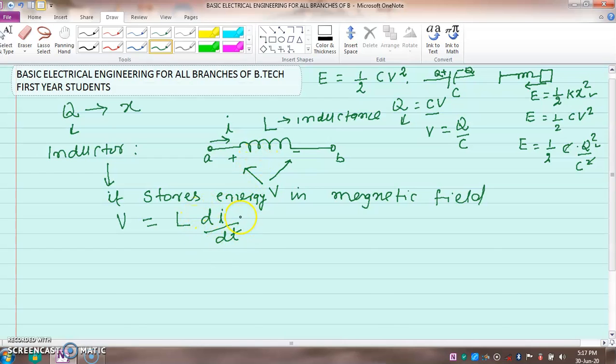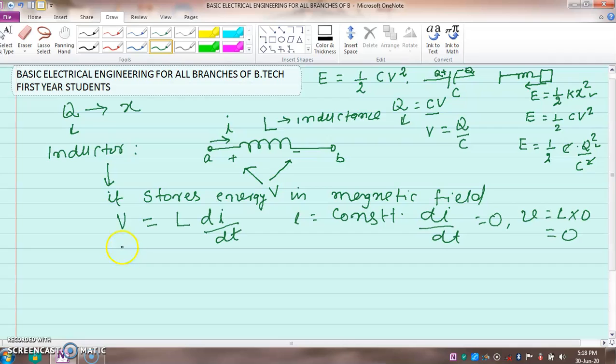If there is no change of current, the voltage in the inductor will be 0. Suppose I is constant, so what will be the value of di/dt? It will be 0. So the voltage in the inductor will be L multiplied by 0, so it becomes 0.